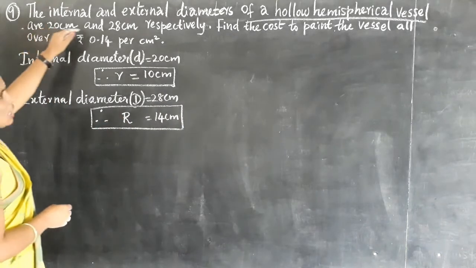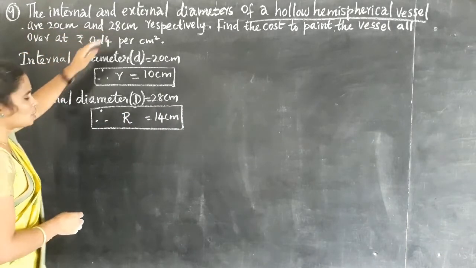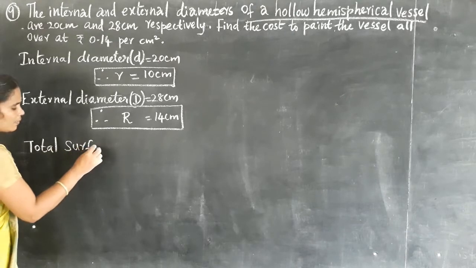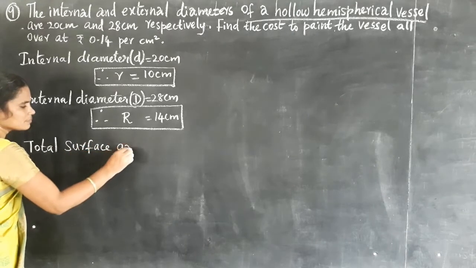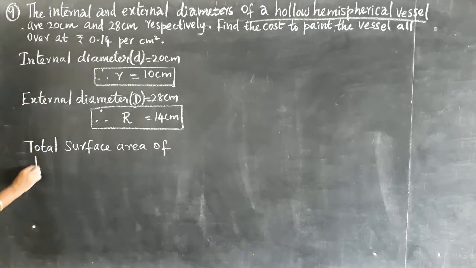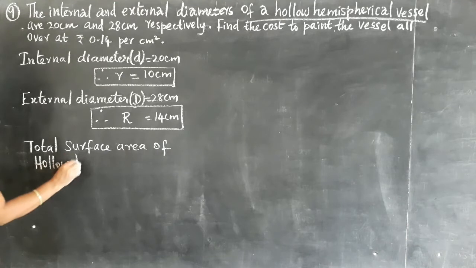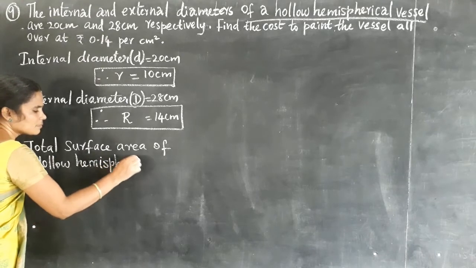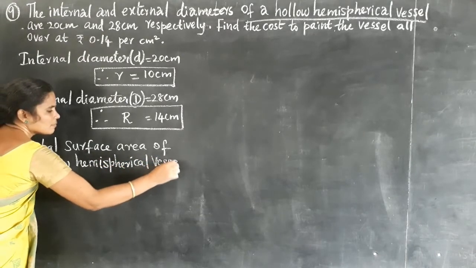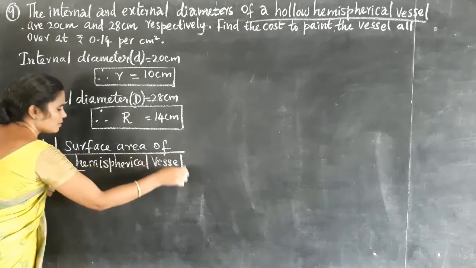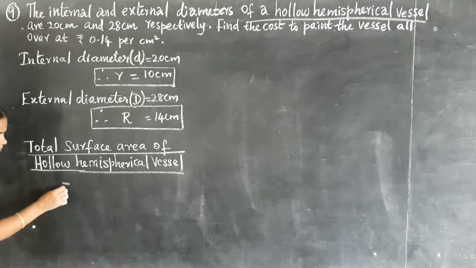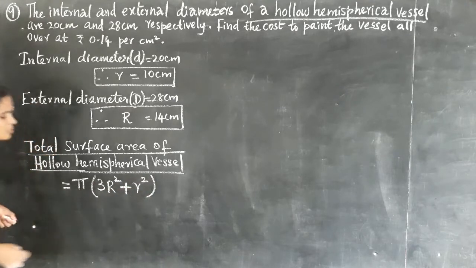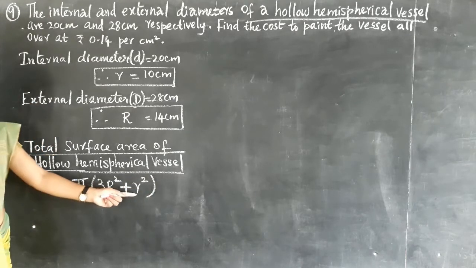And here it is given that the hollow hemispherical vessel has to be painted. So the total surface area of the hollow hemispherical vessel is equal to 3 pi times capital R square plus small r square.